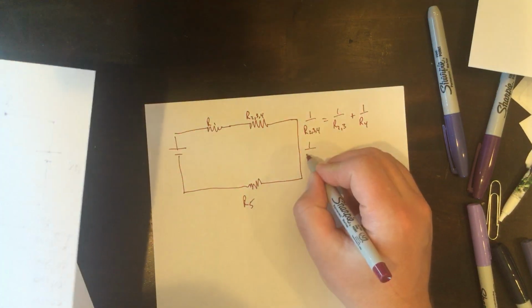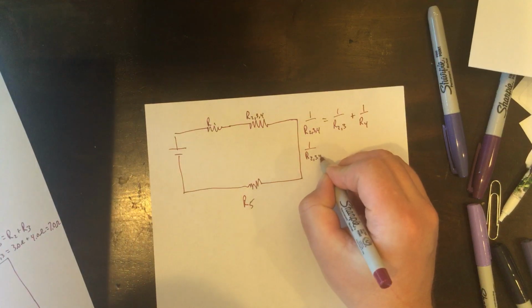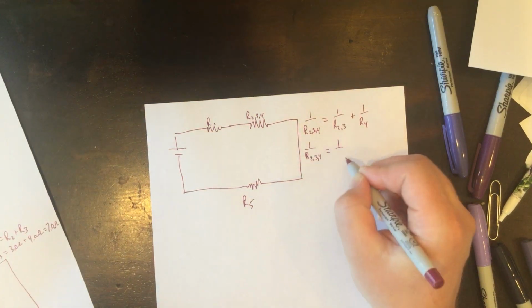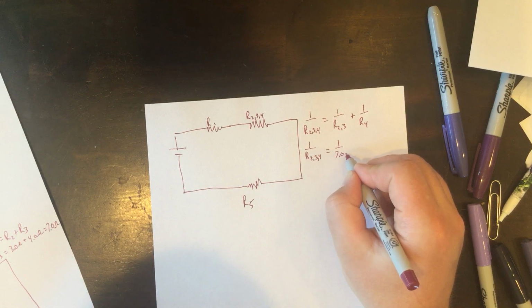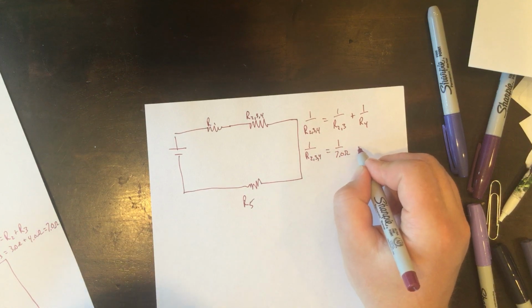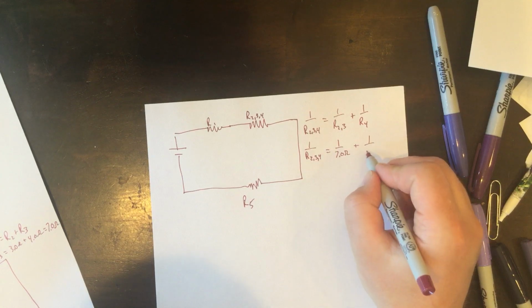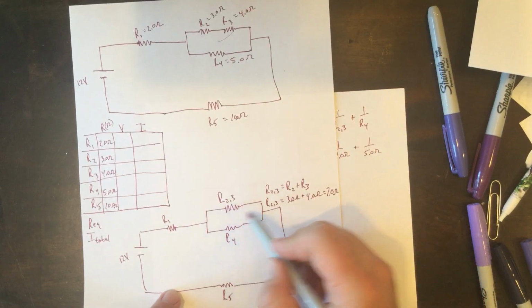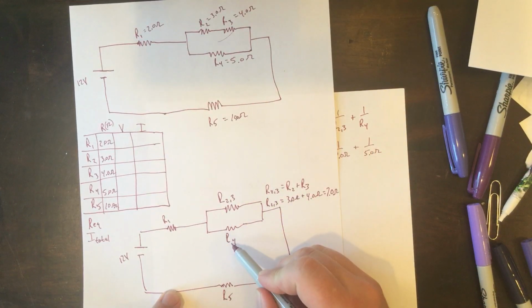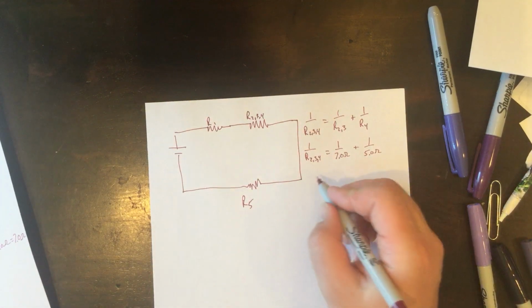So 1 over 7 plus 1 over 5. Okay, so where did I get that from? Remember, R2,3 was 7, and R4 was 5.